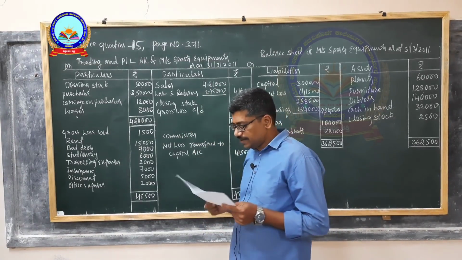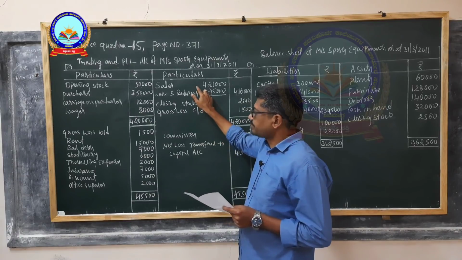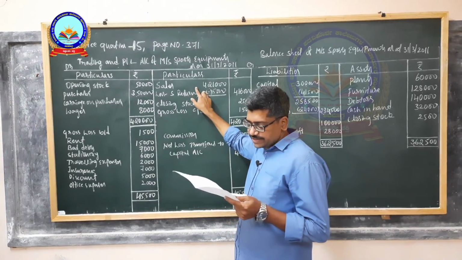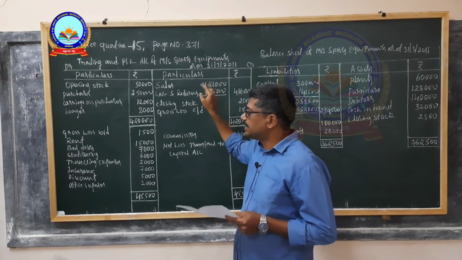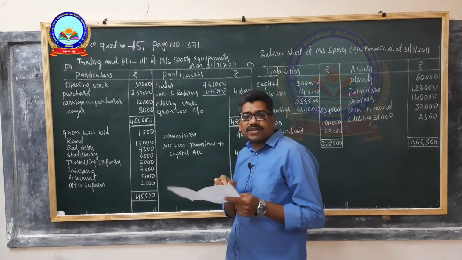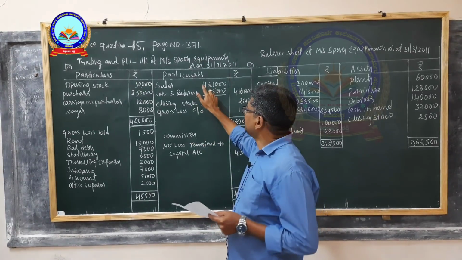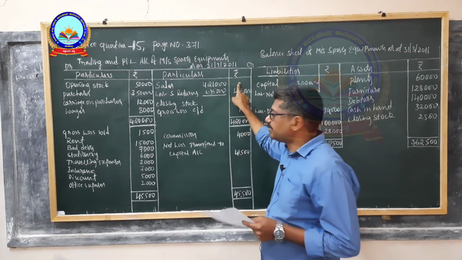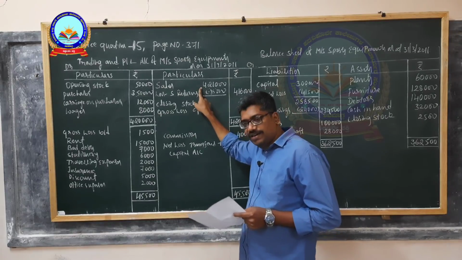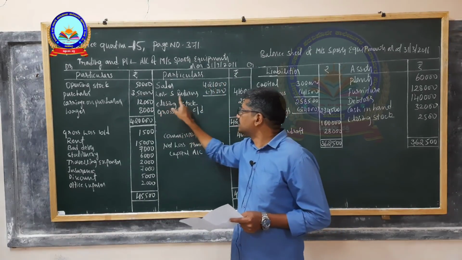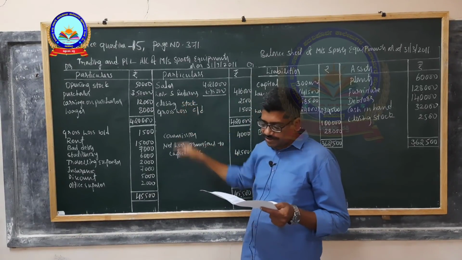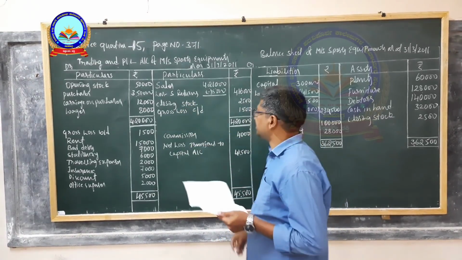In the credit side first you have to record sales. The sales amount given is 4,21,000, and the return is given, so don't write the sales amount directly in the final column. First you write in the inner column 4,21,000 rupees, less sales return given in the debit column, rupees 5,000.